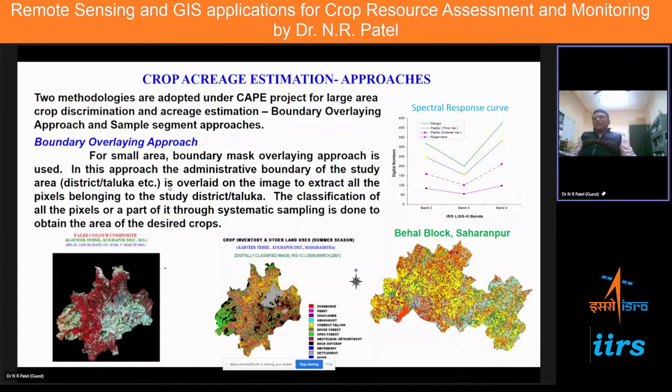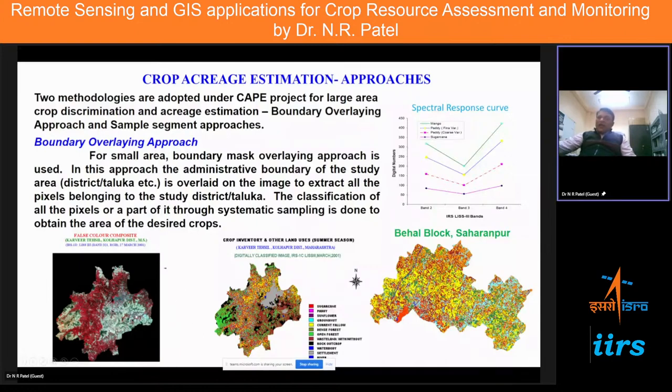Boundary overlaying approach means for a small area like a tehsil, block or district, an administrative unit, you can have a boundary. That boundary you can use for masking the satellite image. After masking with the administrative boundary, this satellite data in the form of FCC will be used for the classification with the ground truth information.